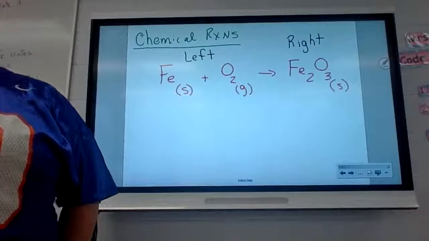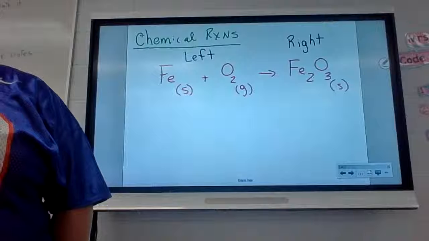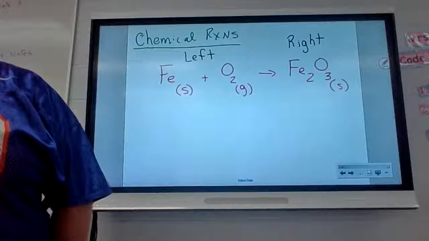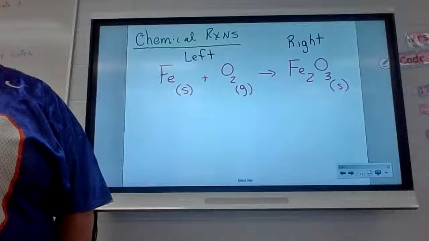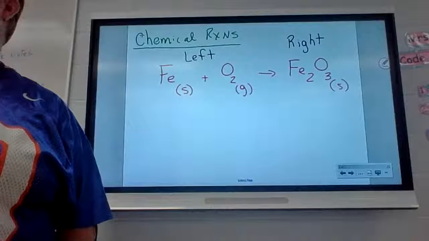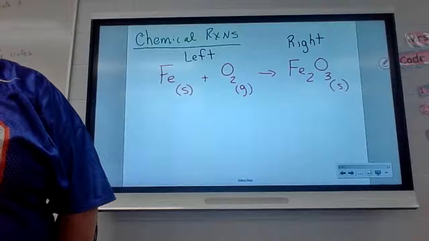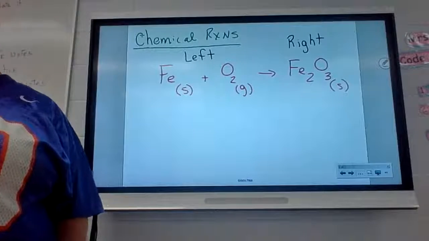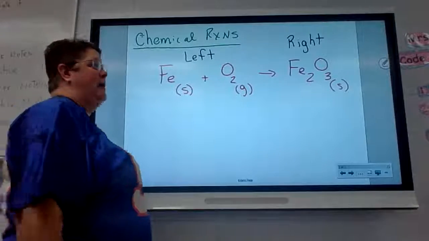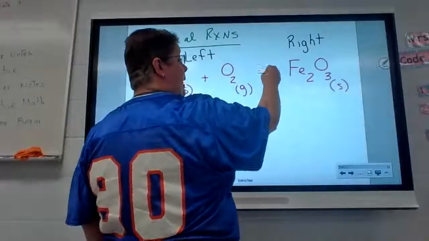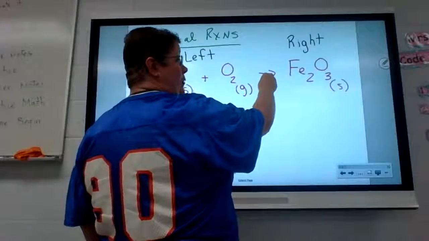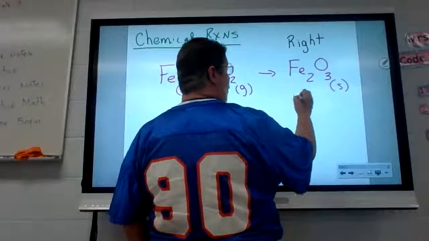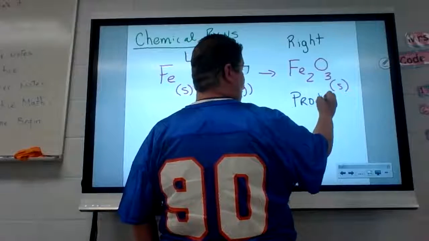All right, yes. So in an equation, left and right will be important to us. So for those of you who are directionally challenged or forget left and right, they will be important in this unit, okay? Or really for the rest of the semester. The left side, because eventually we'll have arrows that go backwards and forwards, and we're going to talk about symbols in a little while. The right side is always referred to as the products, okay?